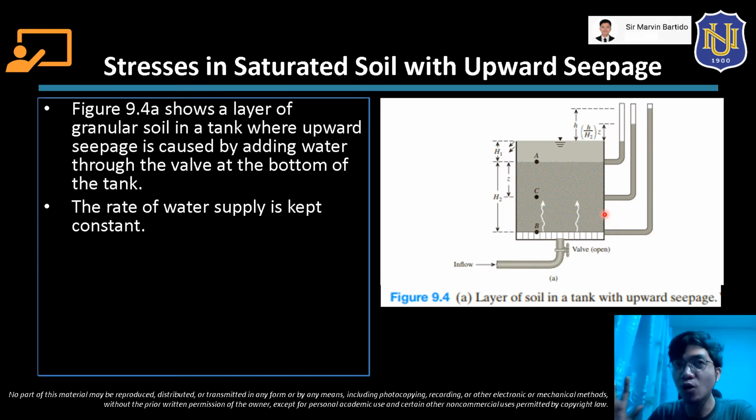Okay, so yung magkakaroon ng pinakamataas na pagtaas dun sa piezometer will be the piezometer na naka-attach pinakamalapit kung saan papasok yung tubig. In this case, dito papasok yung tubig. So, ang mangyayari dyan, etong piezometer na naka-attach na pinakamalapit sa pagpapasukan ng tubig, magkakaroon yan ng pinakamataas na pagtaas ng tubig. Okay, so it will be above dun sa surface ng tubig dito, definitely.